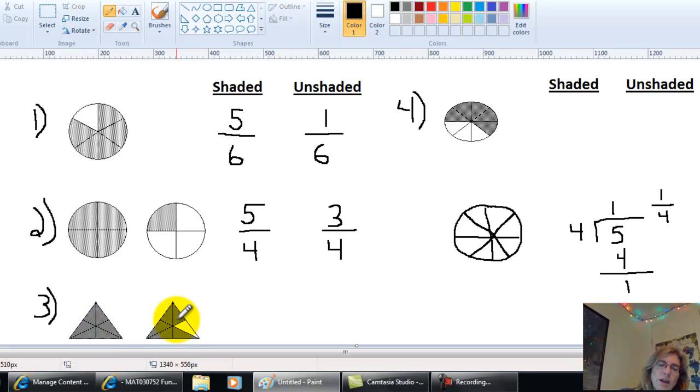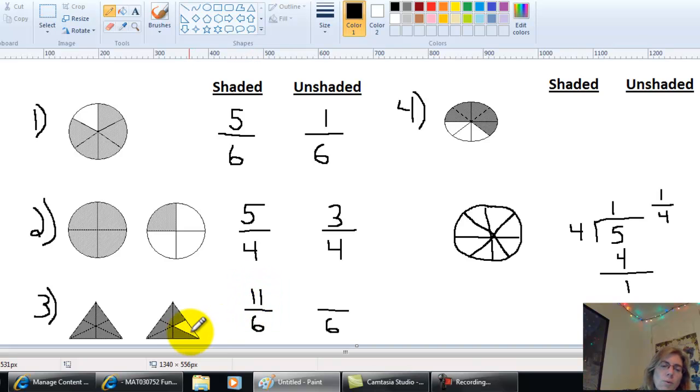Okay. So the next portion down here, you decide what is your denominator for the fractions. Count the pieces in one of the wholes. 1, 2, 3, 4, 5, 6. That's the denominator. You count your shaded portions. 1, 2, 3, 4, 5, 6, 7, 8, 9, 10, 11. 11.